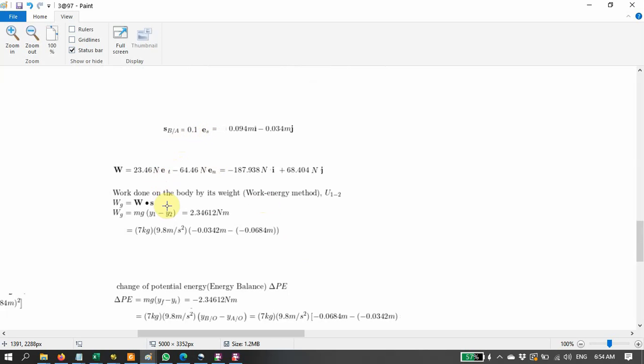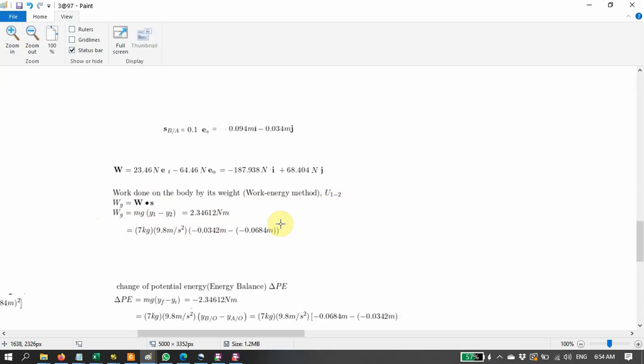So the work done on the body by its weight, U from 1 to 2, is found from the position, and this is the definition of the scalar product. We can get the gravitational work, which is 2.3 newtons.